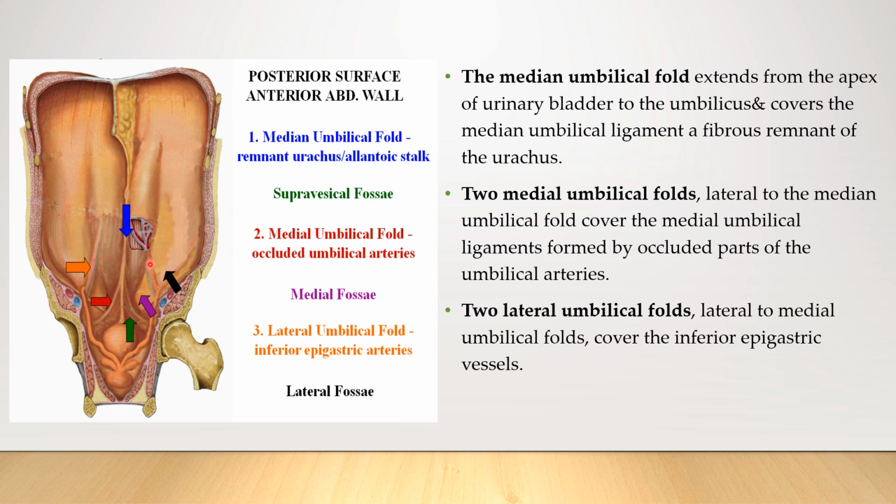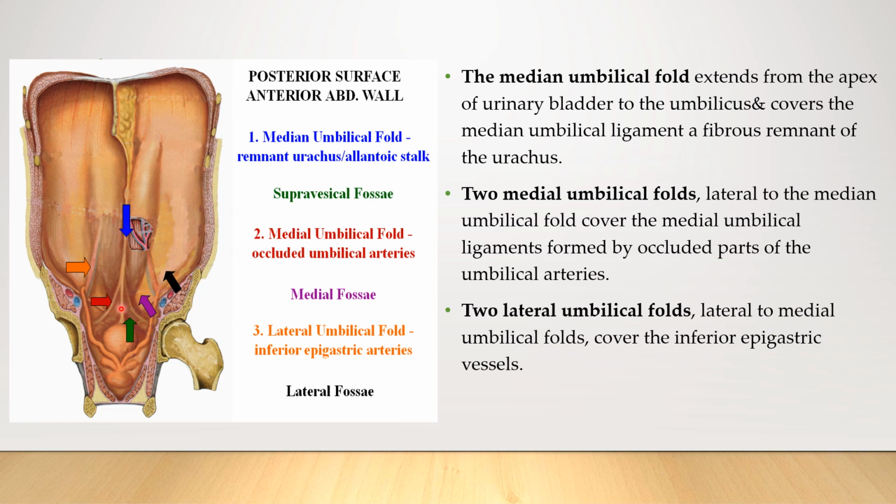So what we studied, students, over here: this was the posterior surface of the anterolateral abdominal wall, and there are 5 peritoneal folds present at the infraumbilical part. Those include the median umbilical fold, covering the median umbilical ligament going from the apex of the urinary bladder to the umbilicus, and that ligament was an embryological remnant of the urachus.